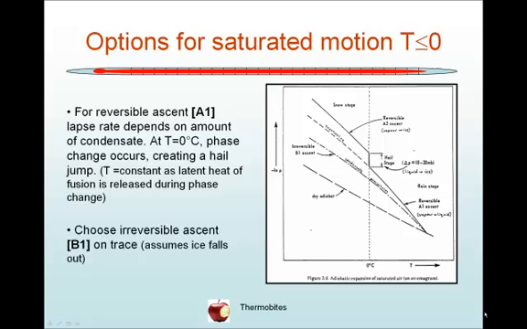And then you can see that there's reversible ascent above that where the ice is said to be contained within the parcel. So what we're going to do instead on the Qt log P aerological diagram is assume an irreversible ascent all the way up. So firstly liquid water precipitates out, and then the ice precipitates out as well, to avoid things like the hail jump and the complications due to the liquid water being retained.